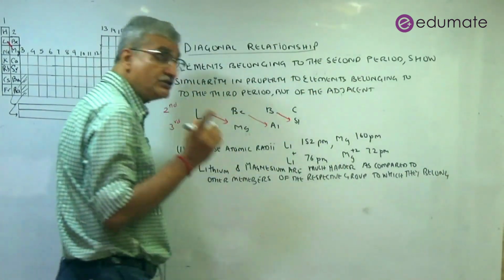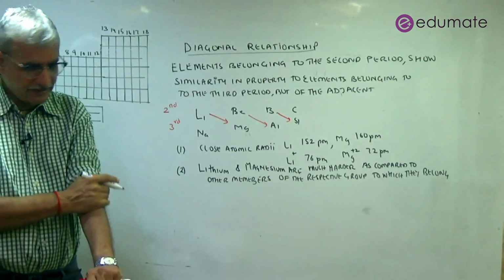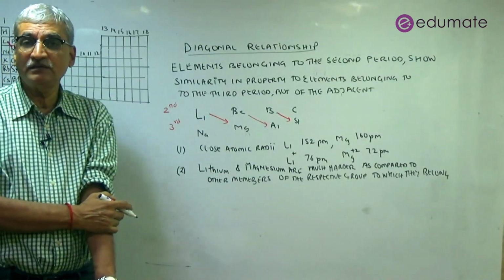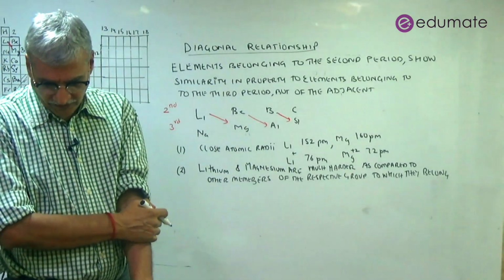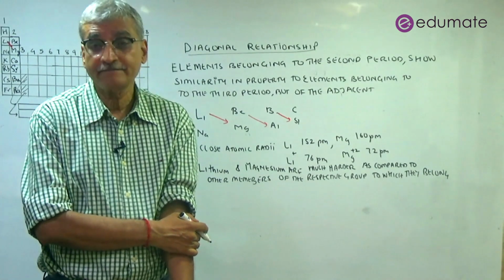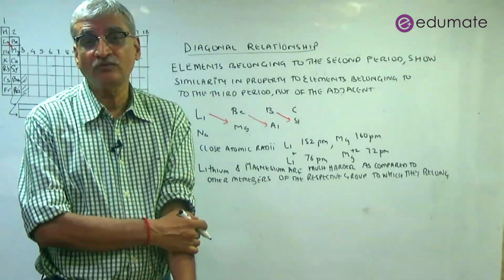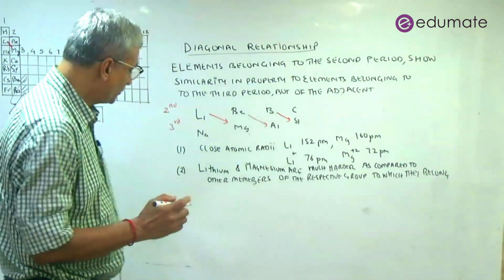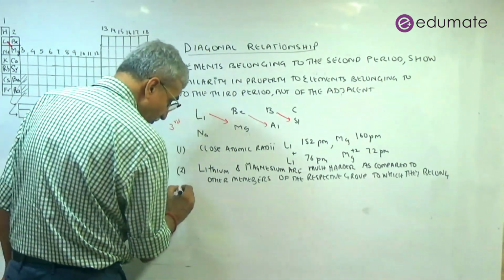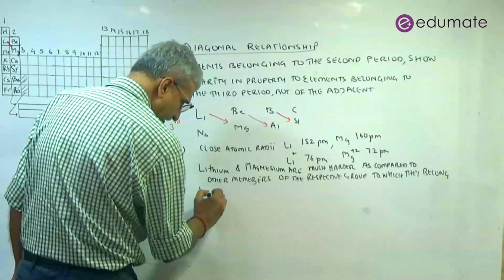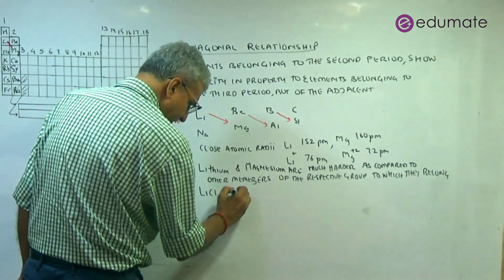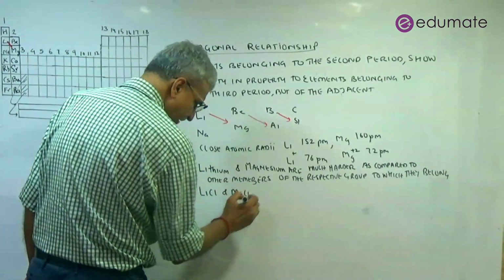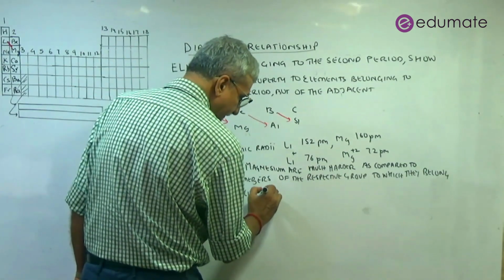Let us talk of each one of those anomalous properties and compare it with lithium and magnesium. First, let us talk about chloride. Remember, lithium chloride was deliquescent, other members were not. So here both lithium chloride and magnesium chloride are deliquescent.